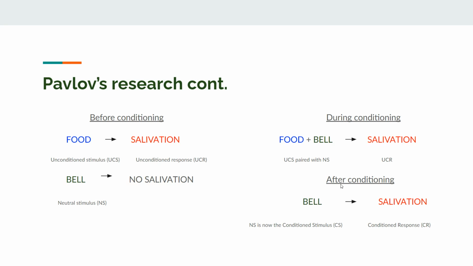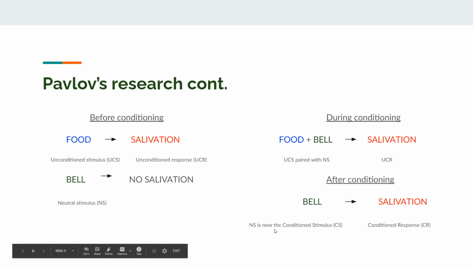But after conditioning has taken place, so after there's been several pairings, the bell becomes not the neutral stimulus anymore, but it becomes the conditioned stimulus, or CS. The stimulus has become conditioned, and the dog's response to that bell is salivation. So salivation to the bell is the conditioned response.